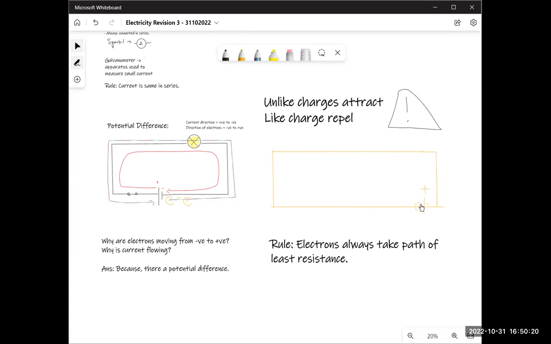What do you think is easier? Directly to the positive charge. Now, if it was here, will it go like this or like this? To the right side. That's easy. So it will take the path of least resistance. Fine. So we know that.